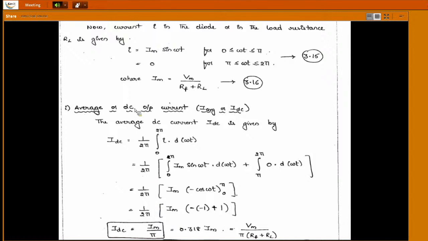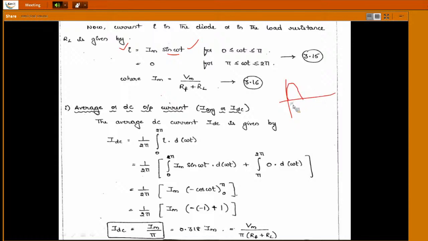Now we'll see what is the current I flowing through the diode. The voltage signal is the input signal, and the current signal is also a sine wave. The current signal is represented with Im sin omega t, from 0 to pi. What current signal do we get at the output? The output current is flowing only for half of the cycle.